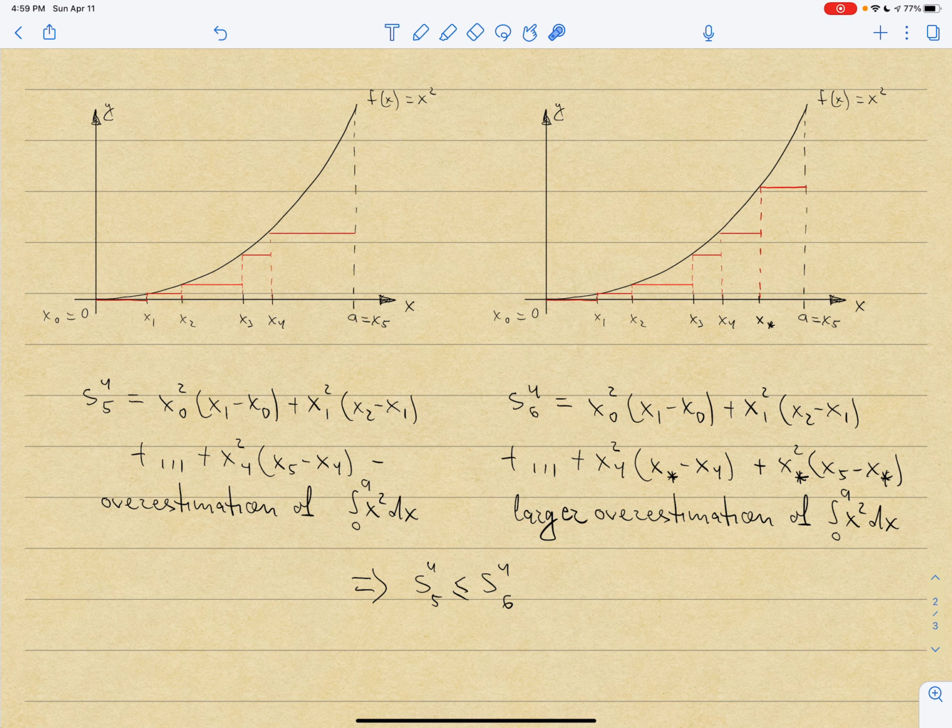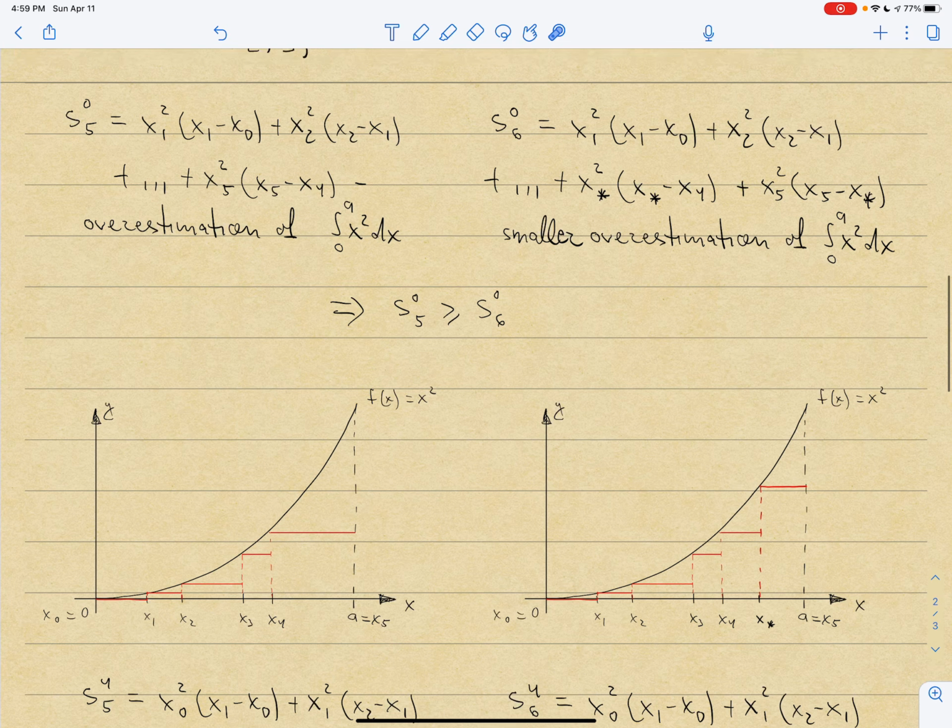So then for a refined partition, it appears that the underestimation is going to become larger, right? I have an original partition, I refined it, I get an approximation which is better because it's a larger underestimation. Now that's what these superscripts mean.